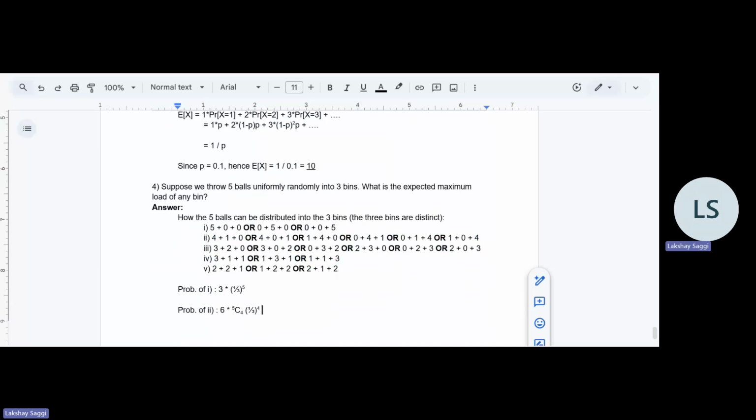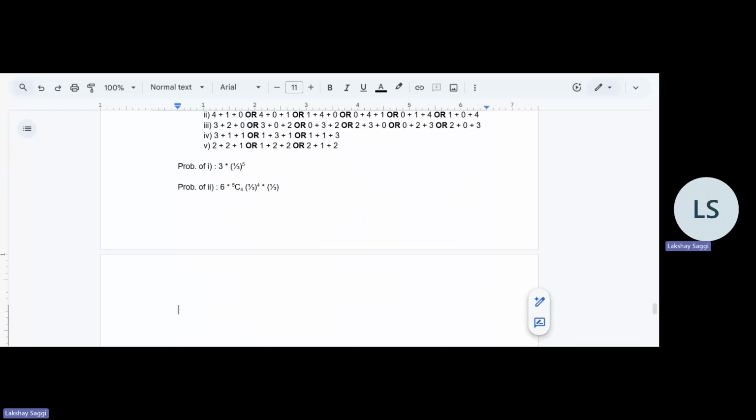And now the fifth ball has to go into the second bin. So again, with probability 1/3. So this is the probability of case 2.